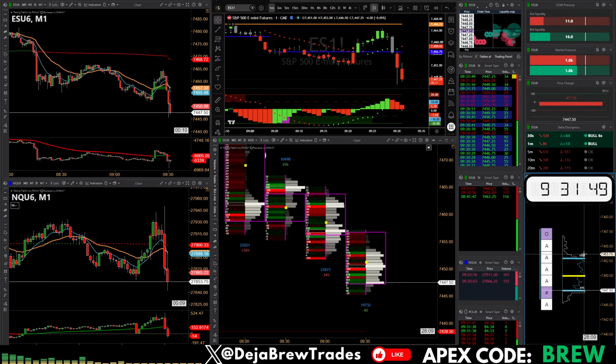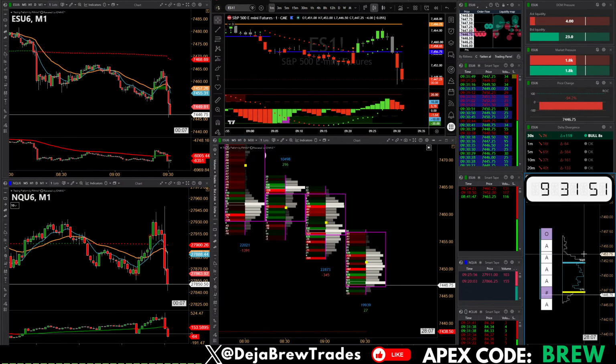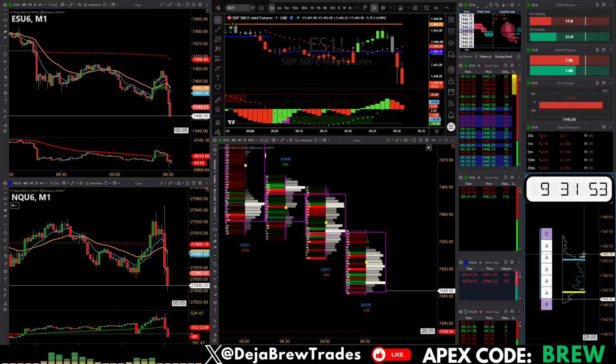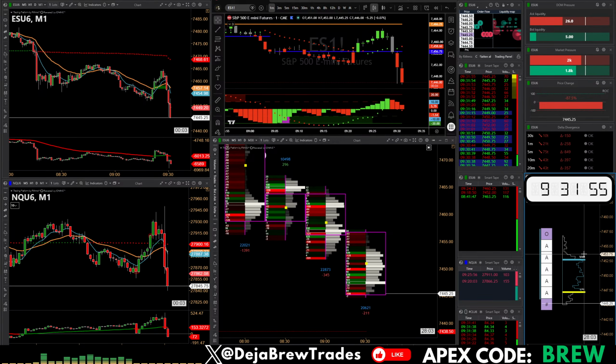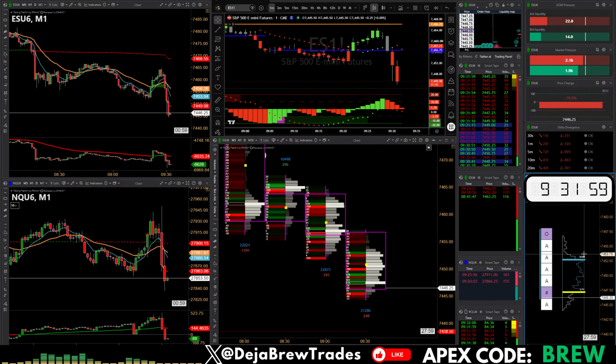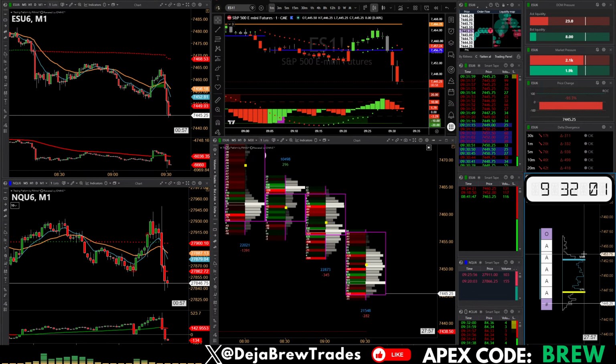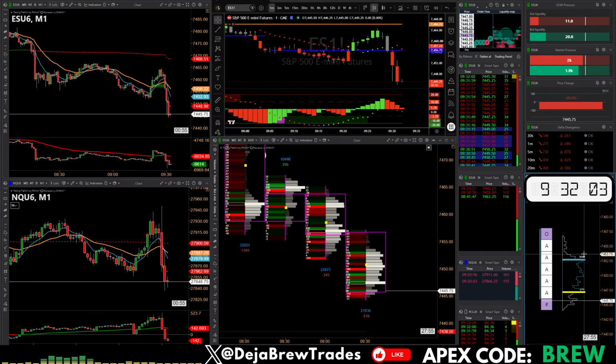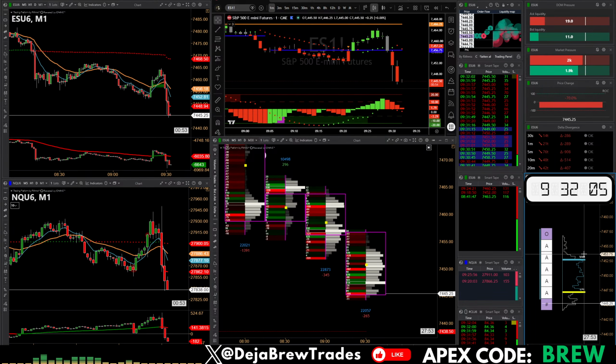Basically, the entire point of the magnet strategy is leading up to the FOMC or even during FOMC week. You don't want it making a big one directional move and finding new value. You want it to stay around the value that it had last week.